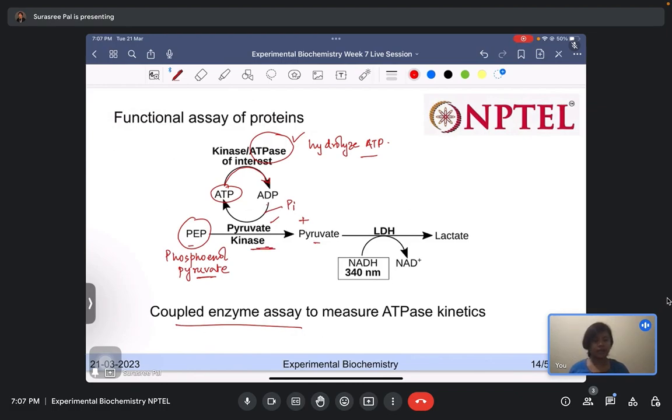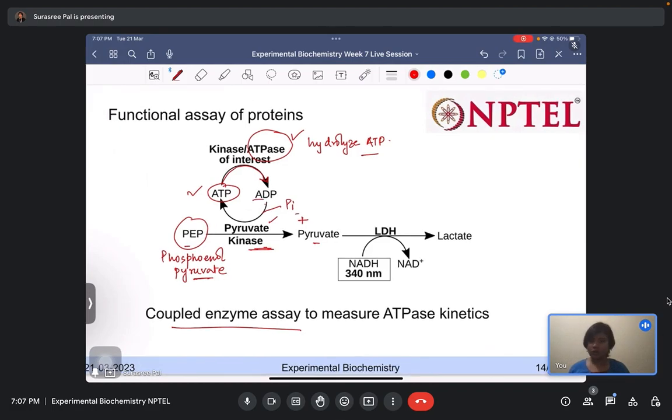The pyruvate kinase will convert phosphoenolpyruvate to pyruvate, and in this process it will generate ATP, by joining the ADP molecule with the inorganic phosphate.